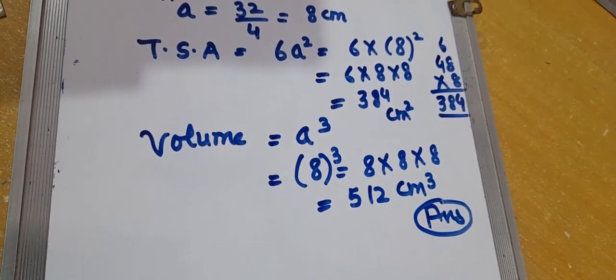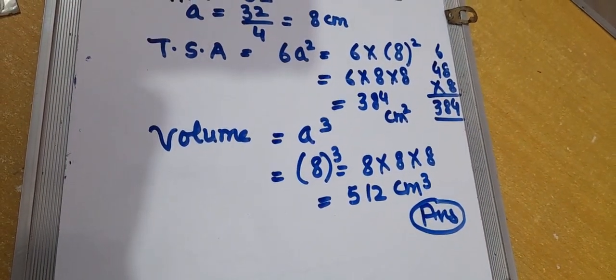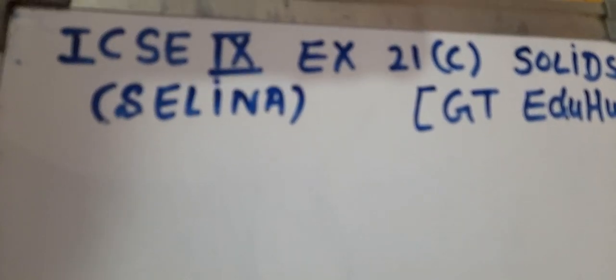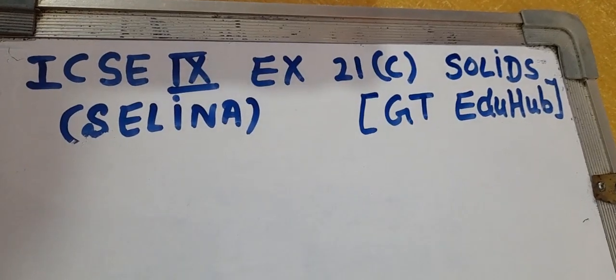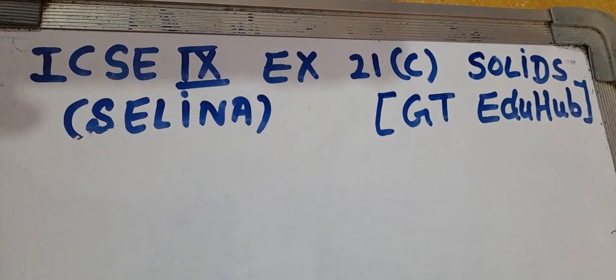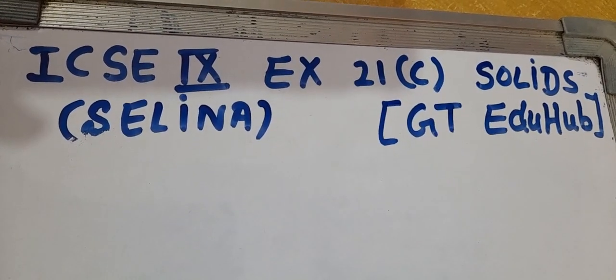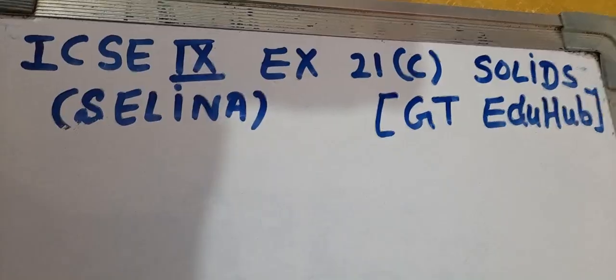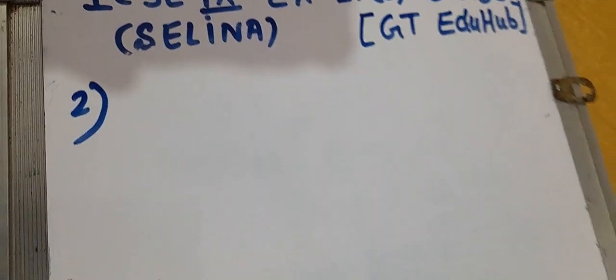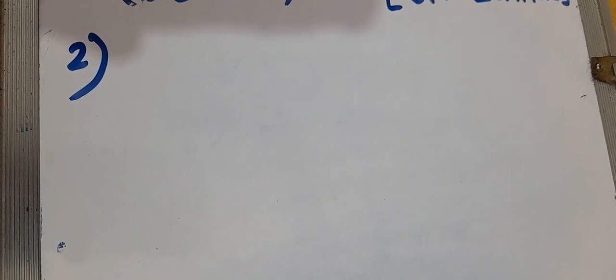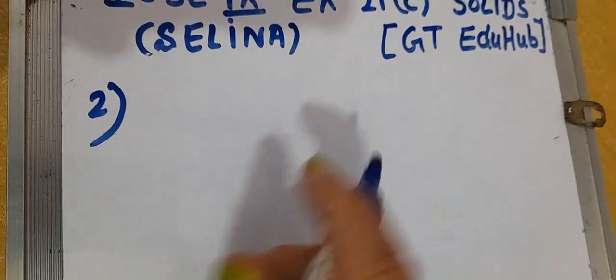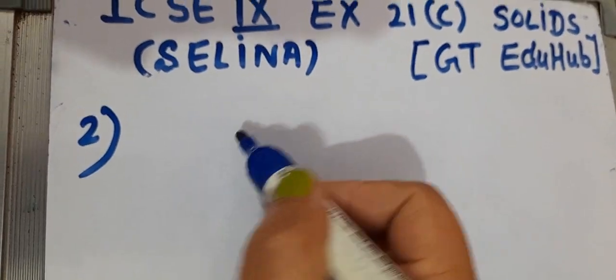This is our second answer. Now let's move on to the second question. Question number 2, we are given that a school auditorium is 40 meter long, 30 meter broad and 12 meter high.